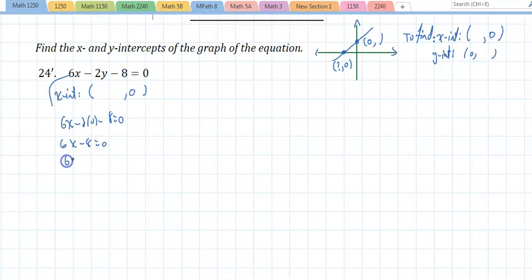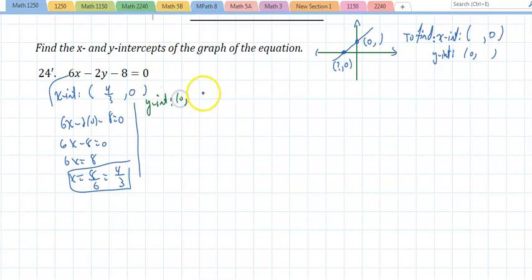So the algebra is there. And this reduces to 4 over 3. And you could use a calculator on any of these problems. So when x is 1 and 1/3, y is 0. And to find the y-intercept, I'm going to set x equal to 0.